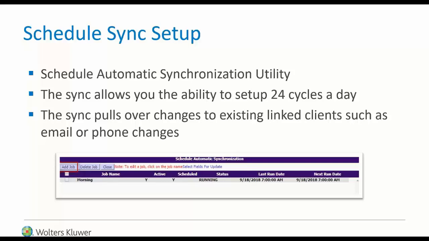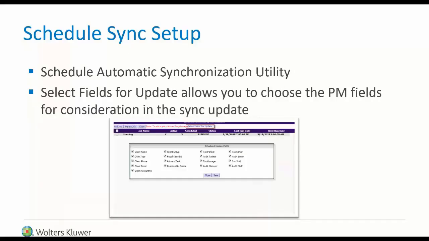When you go into this utility and click on the Add Job option, you're going to be able to select certain fields that you want to pull over. The fields are identified, as you can see here, under the Select Fields for Update. Some of these fields are required fields, but the staffing, for example, can be omitted.